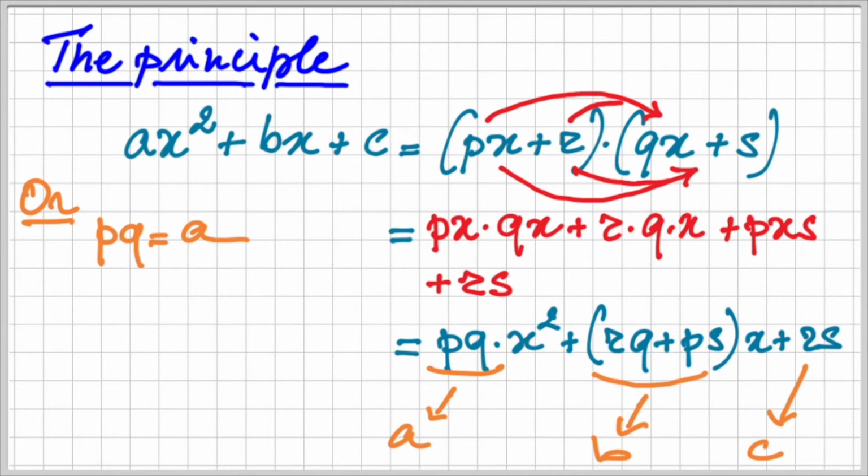So basically, when we summarize this, we have a set of equations where pq is equal to a, rq plus ps is equal to b, and rs is equal to c. And we have to find in different ways the values of p, q, r, and s. So that's in fact the principle.